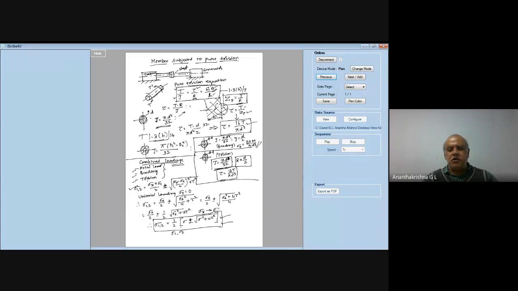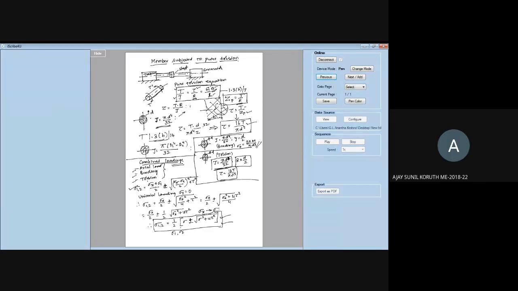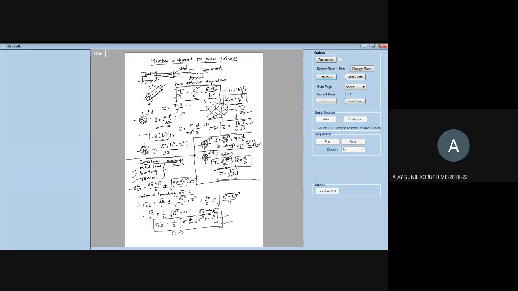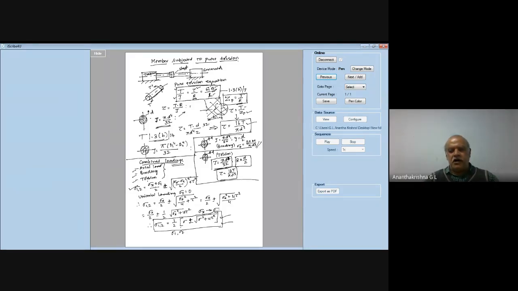What is section modulus Z equal to? I by Y. What does I stand for? Moment of inertia, sir. Moment of inertia. What does Y stand for?